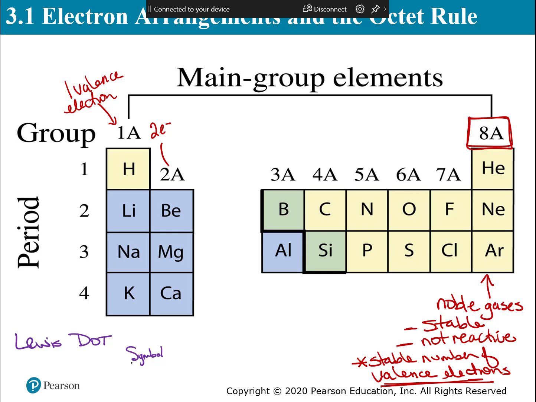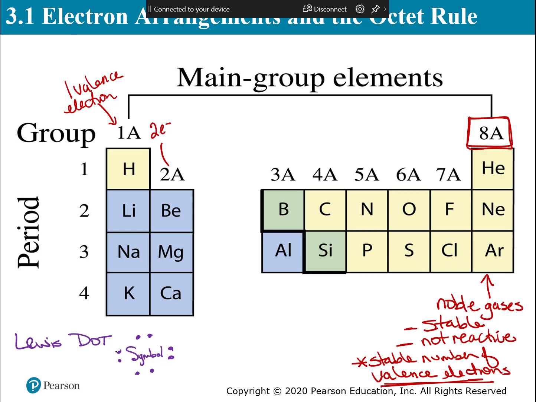So maximum, you would put 2 above, 2 below, 2 to the left, and 2 to the right. You would spread them out around the symbol. So that would be the most stable. If you looked at neon, neon would have 8 dots around it.